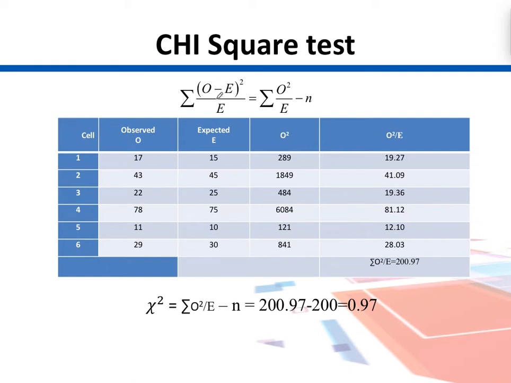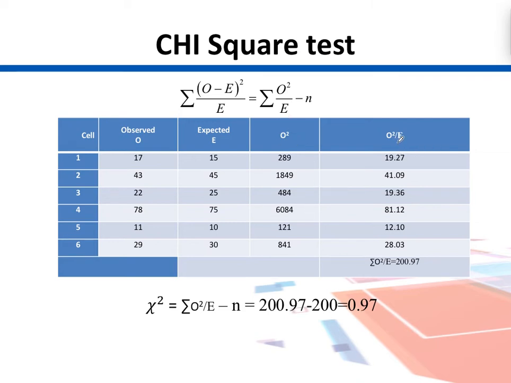So we calculated the chi-square with observed minus expected squared by E for all cells. We can also do it as O squared divided by E for all cells, sum them up, and then subtract the sample size. Taking the observed numbers, 17 squared is 289, then 43 squared, and so on.